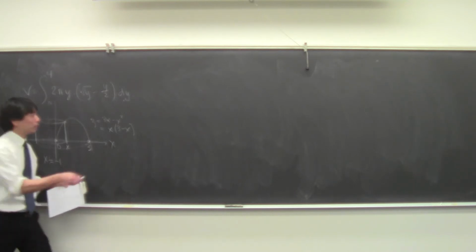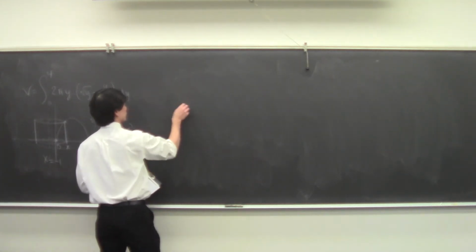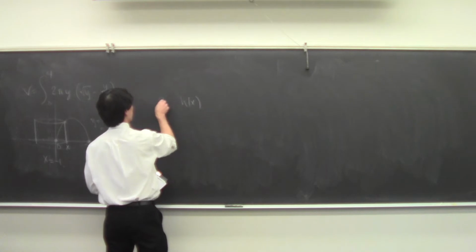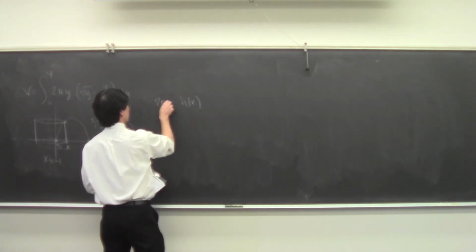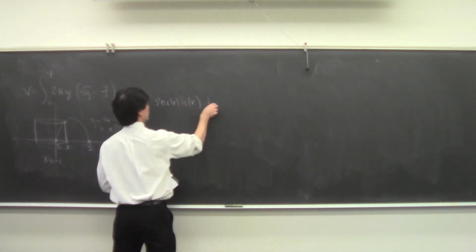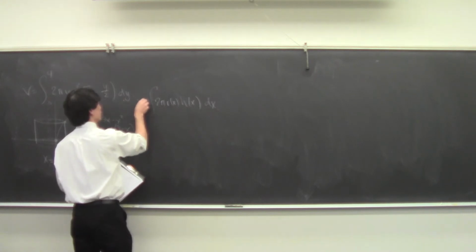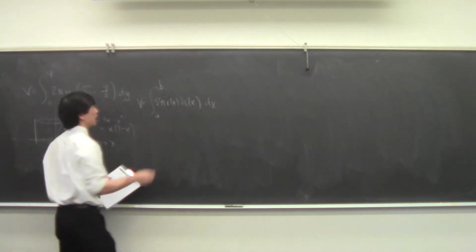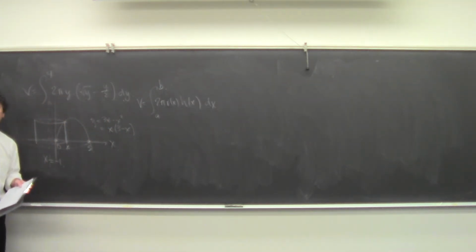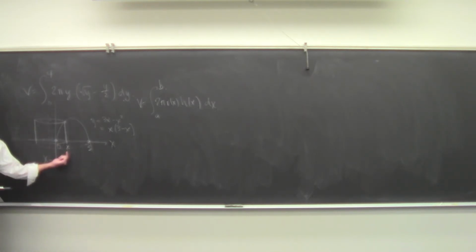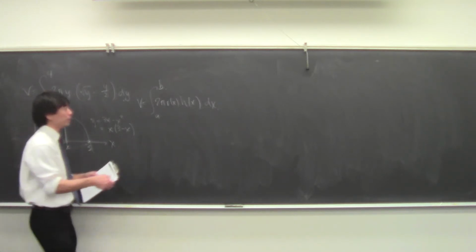What's the height of the shell? We have 2 pi radius height dx, this is the formula, between two values a and b. Well, what's the height at x? 3x minus x squared.